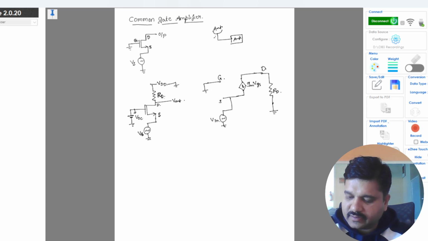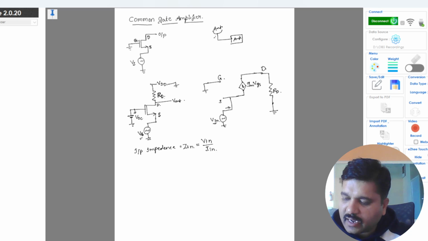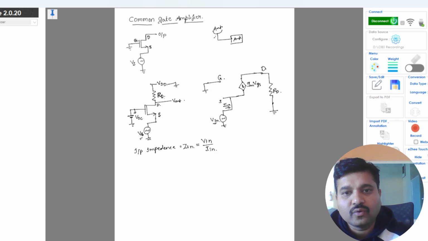First we will discuss the input impedance Zin. The input impedance is given by the ratio of Vin by Iin. Vin is the input signal we are giving from the source, and Iin is the input current due to the input voltage.